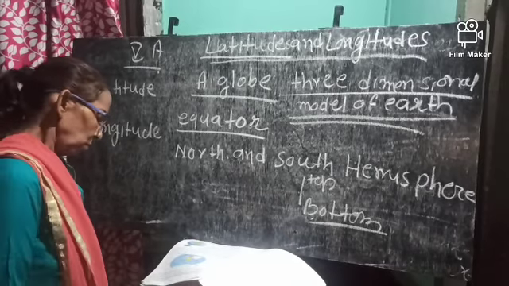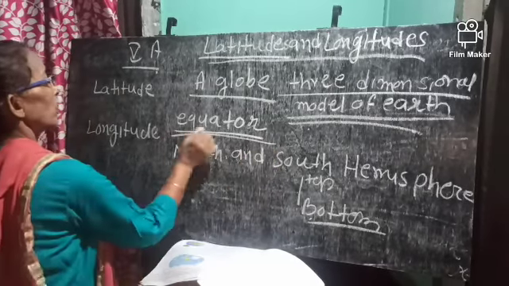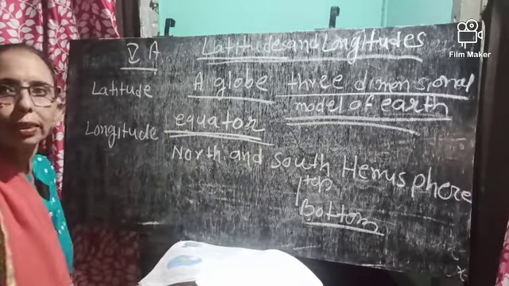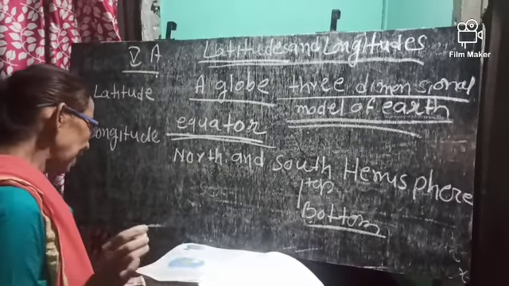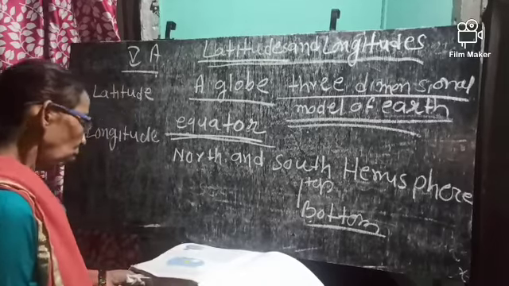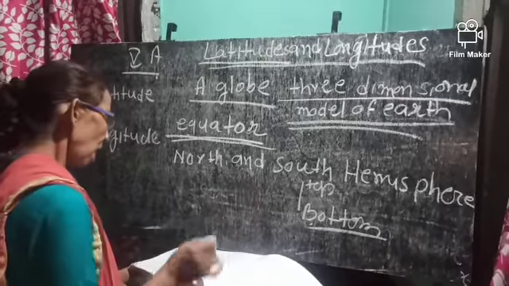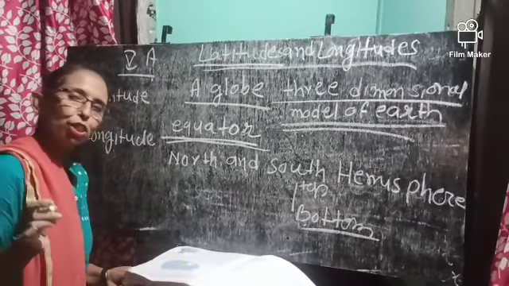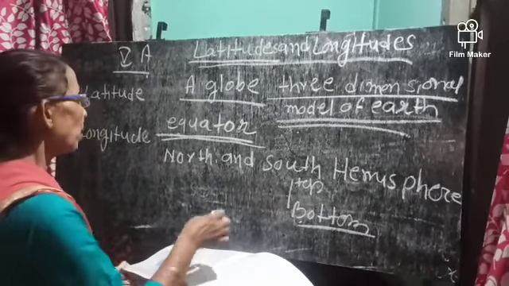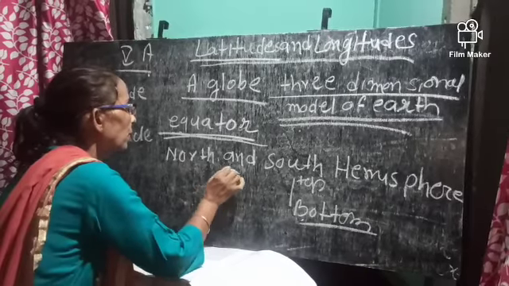Now we see the equator. What is the equator? The equator is an imaginary line which goes round the Earth and is equidistant from the poles.